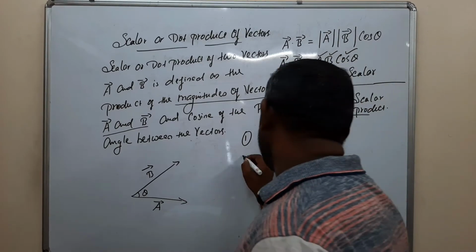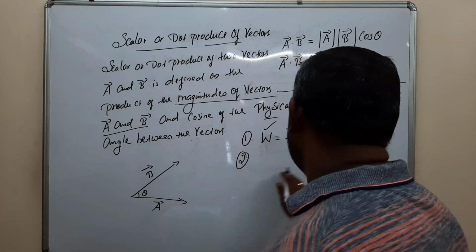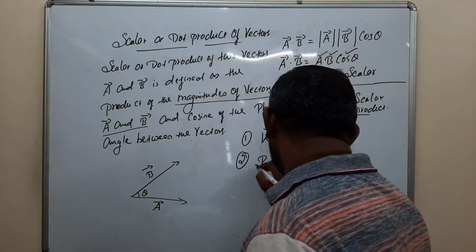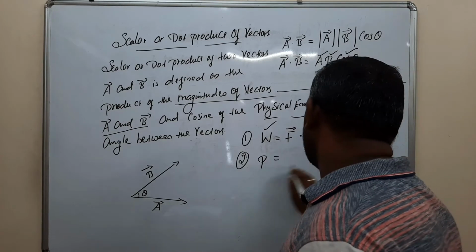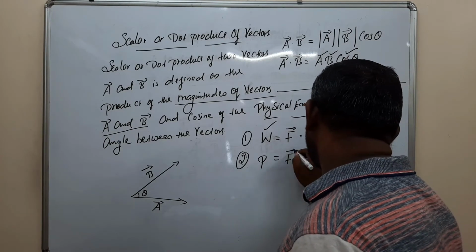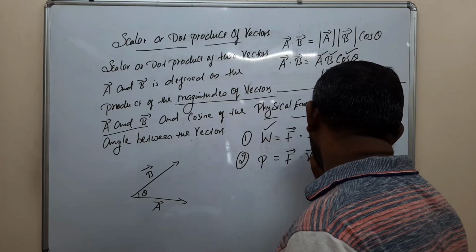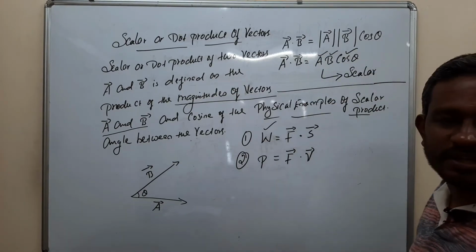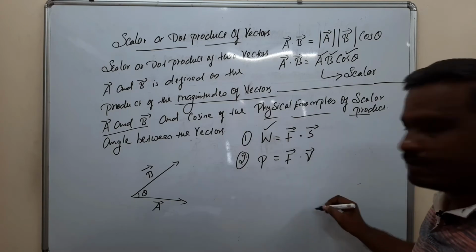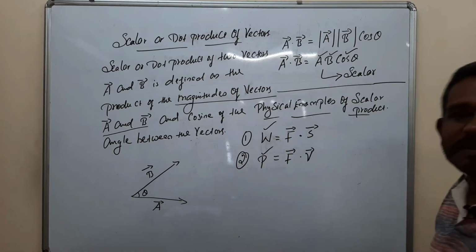Another one is instantaneous power P, which is equal to F vector dot velocity vector, force into velocity. Force is a vector quantity, velocity is a vector quantity, but power is a scalar quantity.